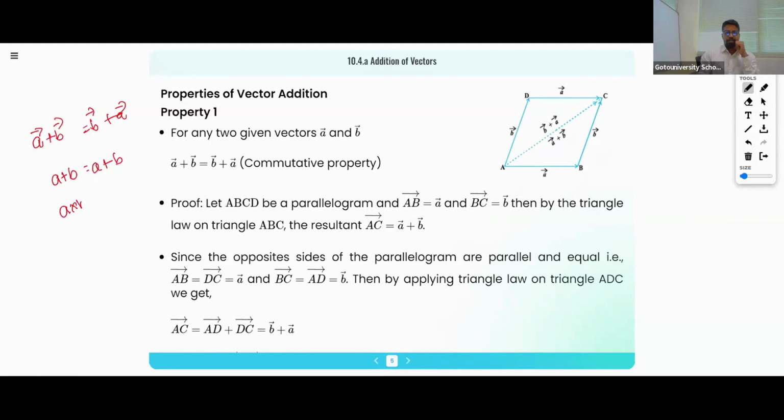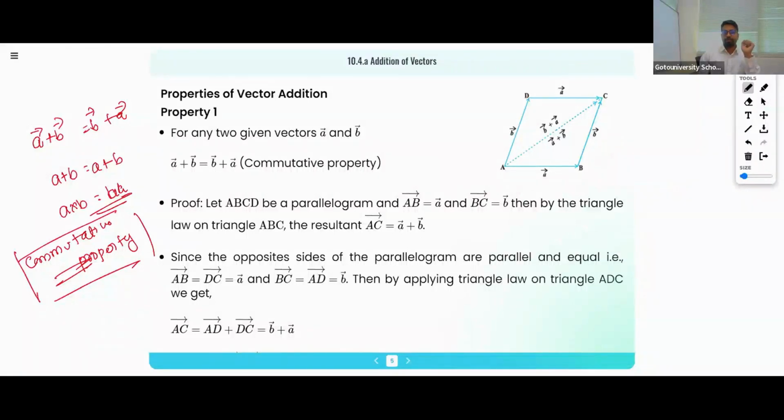If you multiply any two numbers in any direction, it doesn't change anything. So what is this property called? It's called the commutative property. That means the order in which you are adding doesn't make any difference, which is always helpful for us. Not every operation is commutative. So this is a commutative property. Addition of two vectors in any direction doesn't matter to us.